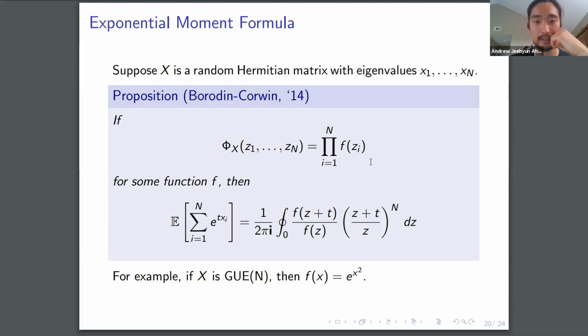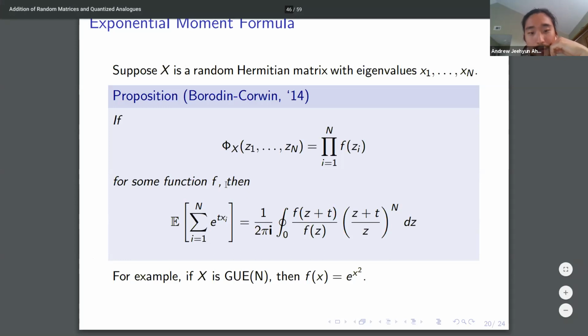Now this is not a direct statement from Borodin and Corwin, but it's implied by some of the results in that paper. If you assume that the MBGF of X has a product structure, so it splits into a product over i from 1 to n of f of zi for some function f, then you have the following representation for the exponential moments of the x's.